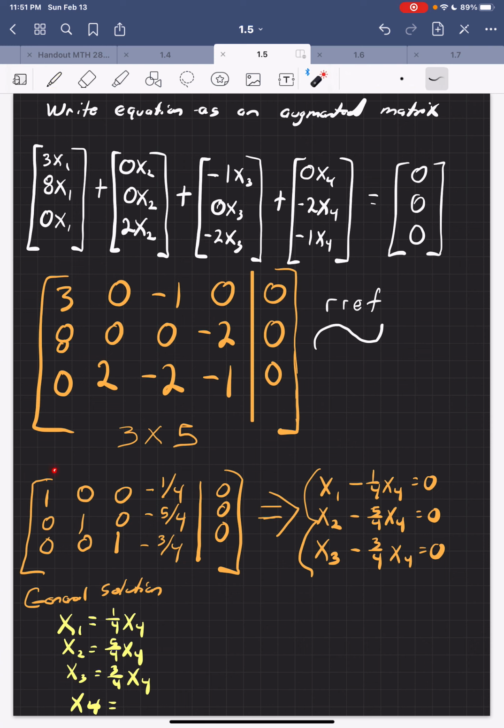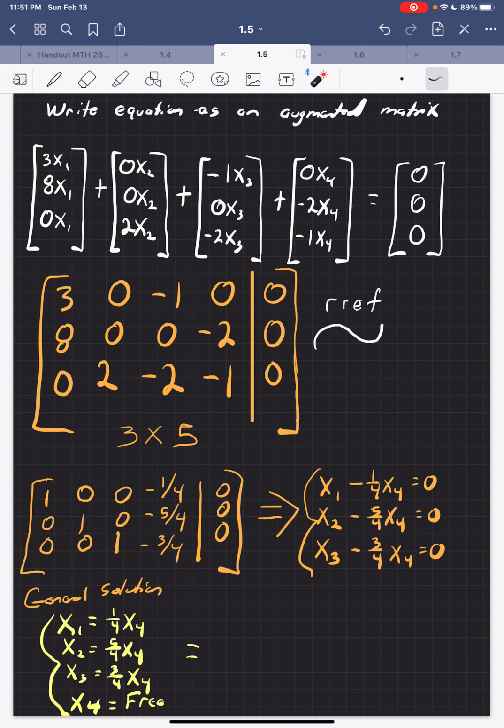This is a pivot column, pivot column, pivot column, so basic variable, basic variable, basic variable. But this is not a pivot column. This is a free variable. So when you write your general solution, you must say x sub 4 is free, and that tells me I am free to choose whatever I would like for x sub 4.